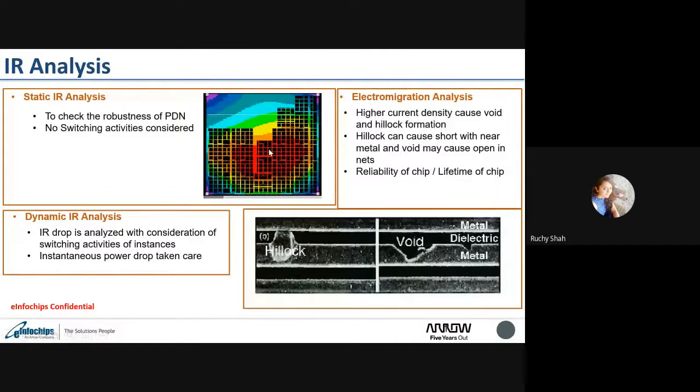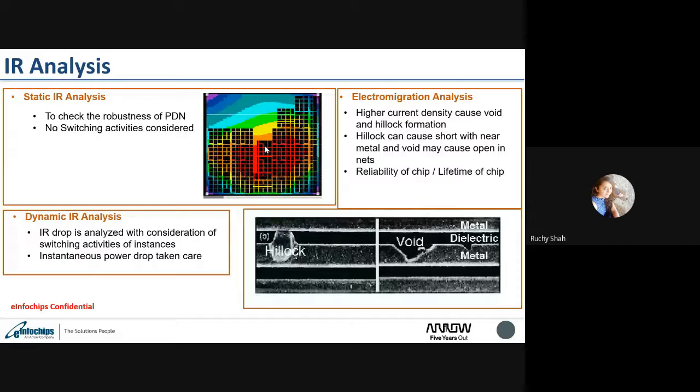So one thing we know is how our power moves. I have talked something in the power planning stage. Power planning is done in the top metal, and it is coming to your bottom metal through the vias. So again, drop in your metals and vias. Lots of drops is there.